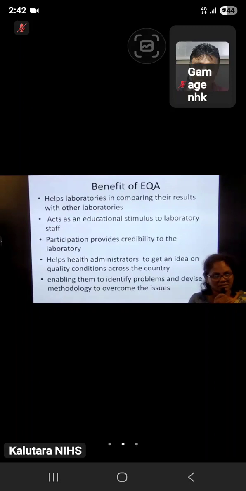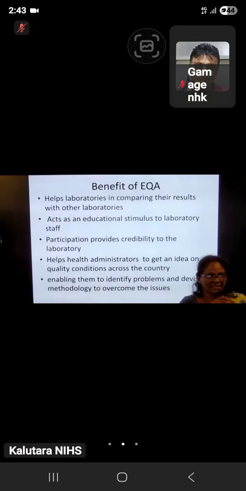So this is about external quality assessment. Proficiency testing is also the same term for external quality assessment. So is that clear to you, external quality assessment? Why is it known as external quality assessment? External means it is conducted by the outside organization or the organizing laboratory.